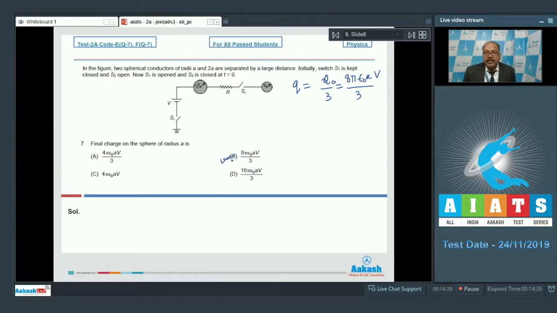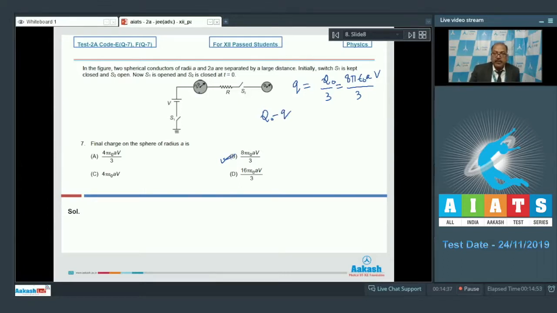We can also find charge on the sphere of radius A by simply conserving the charge and equating the potentials of the two. If we do that, we get Q0 minus q.